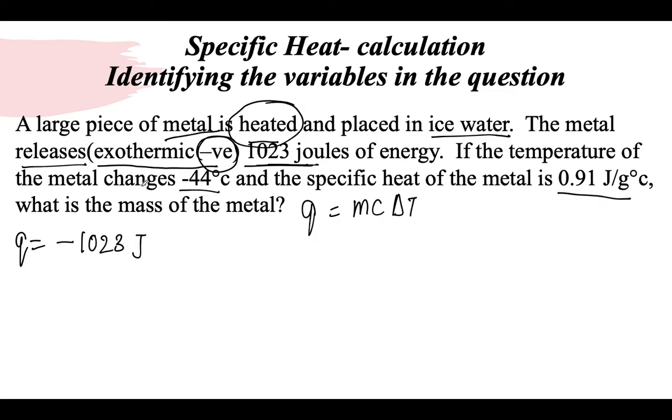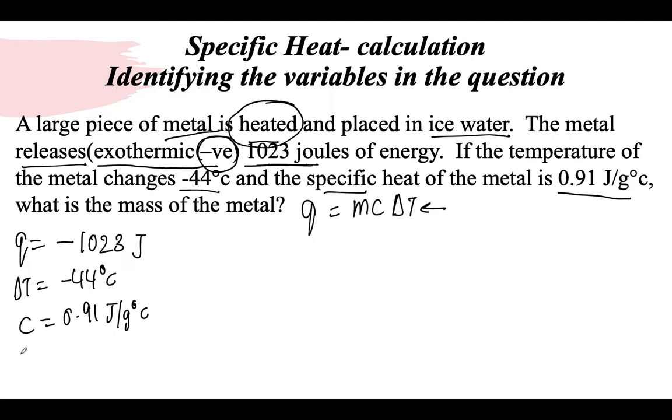So here, negative 44, that's your change in temperature. Delta T equals negative 44 degrees Celsius. The specific heat of the metal is 0.91, so C equals 0.91 joules per gram degree Celsius.